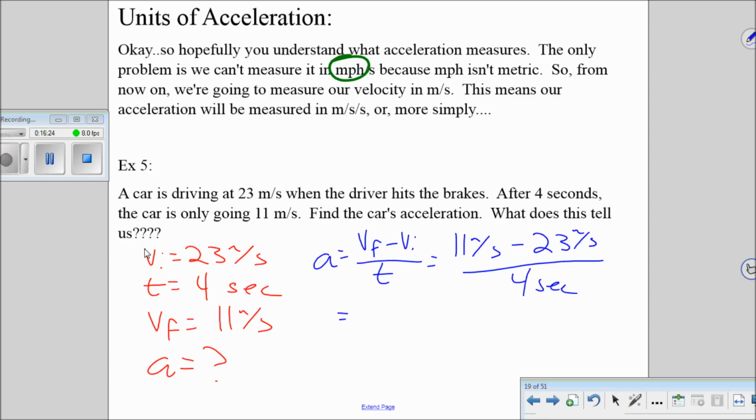So 11 minus 23 is negative 12. What this means is our velocity decreased by 12 in 4 seconds. So we get negative 3 meters per second squared.